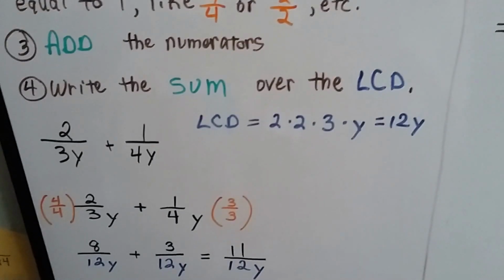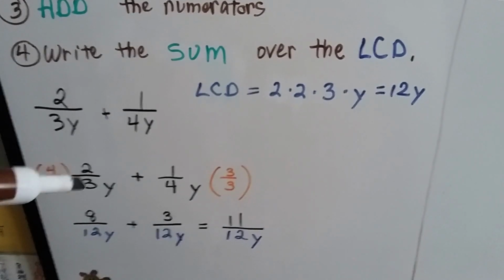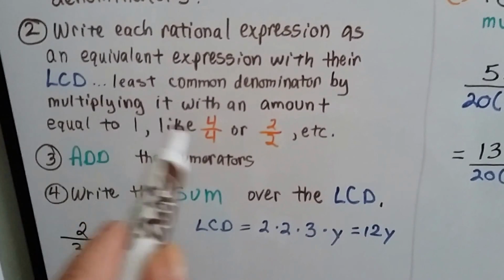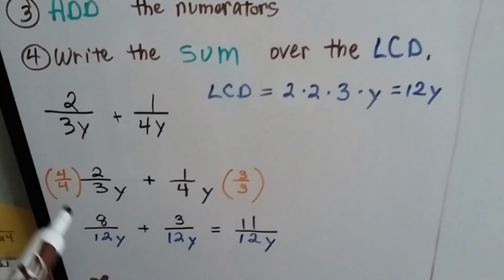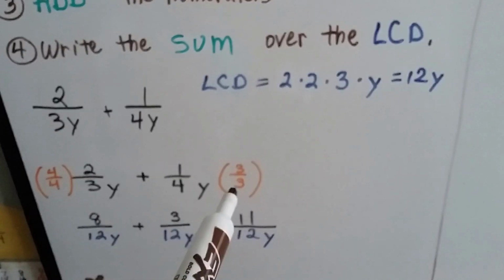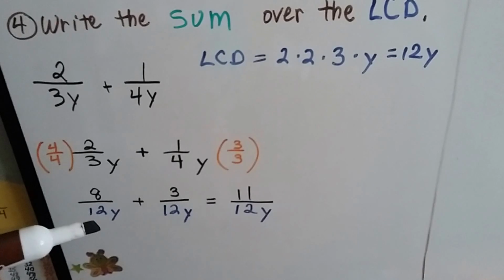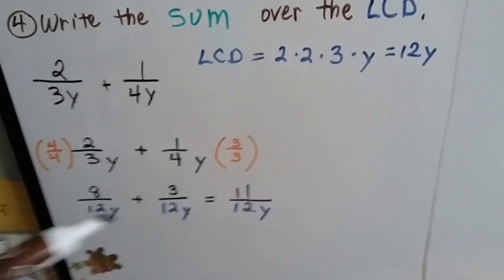See? What we can do is multiply this 2 over 3y by 4 over 4. So that's equivalent to 1 expression or amount. We'll multiply this side by 3 over 3. And then we'll get 8 over 12y, and then we'll get 3 over 12y. And now we have a common denominator, don't we?